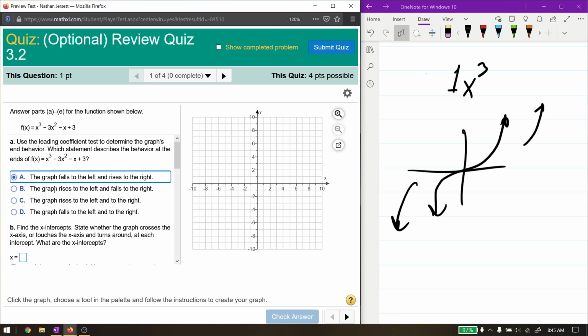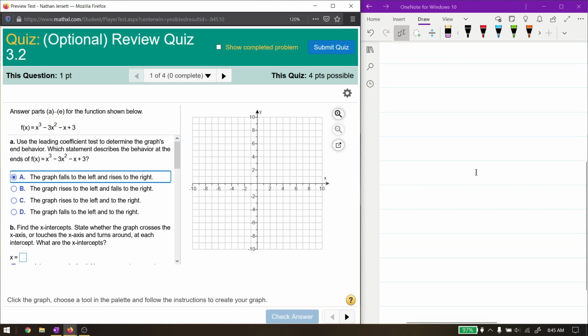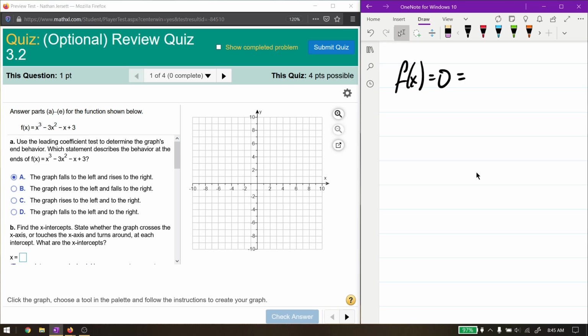The next part is to find the x-intercepts, and this is all about factoring. So the x-intercepts are when f of x equals 0. Of course, f of x equals x cubed minus 3x squared minus x plus 3. And this is a 4-term polynomial, so we can try factoring by grouping. Let's try looking at the first two terms. I can take out an x squared.